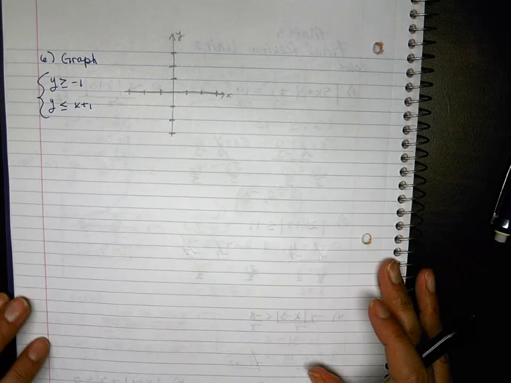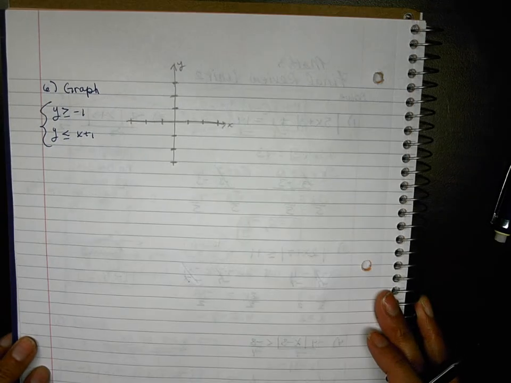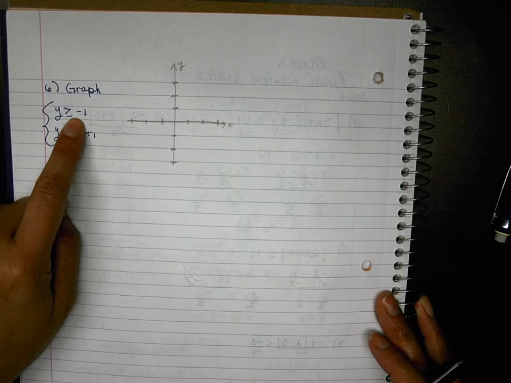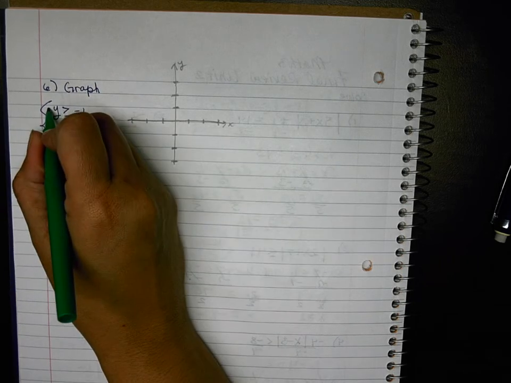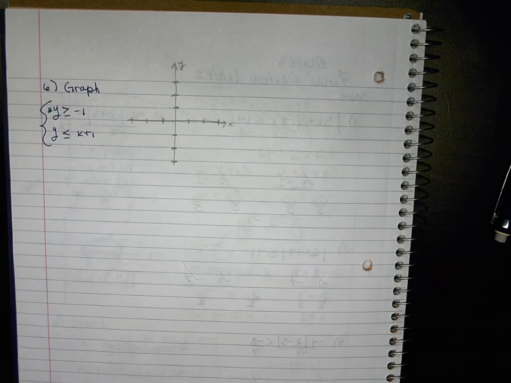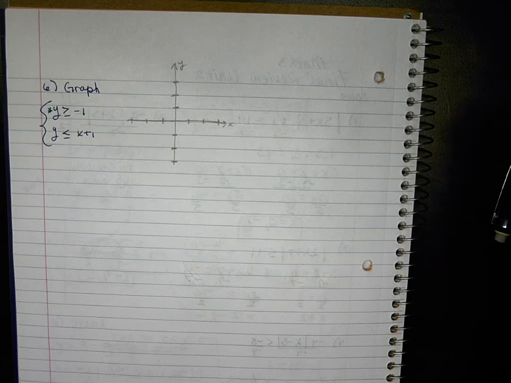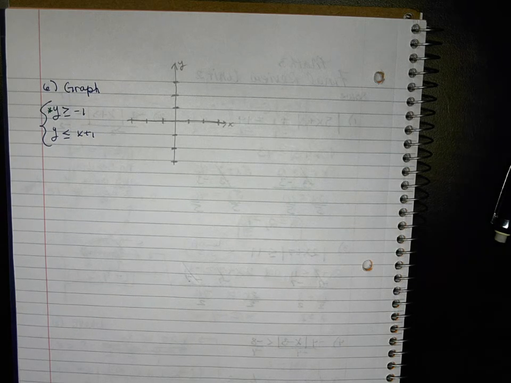Okay. First one, what kind of line is that? It's linear. I'm going to put that one in green. It's linear and what? Y equals a number.